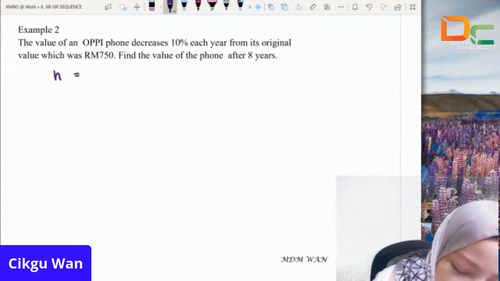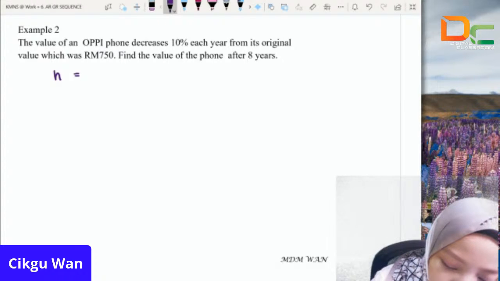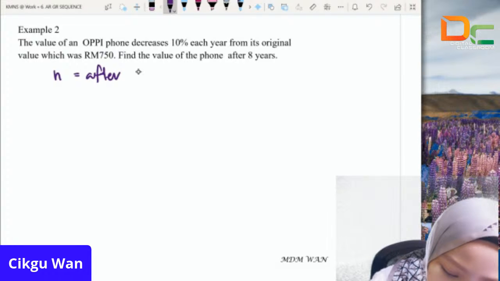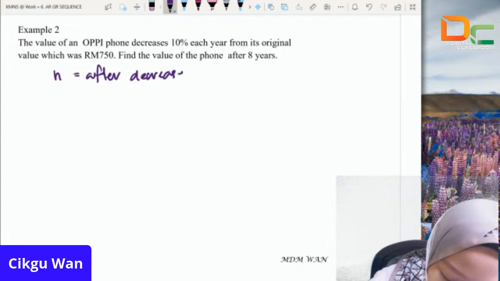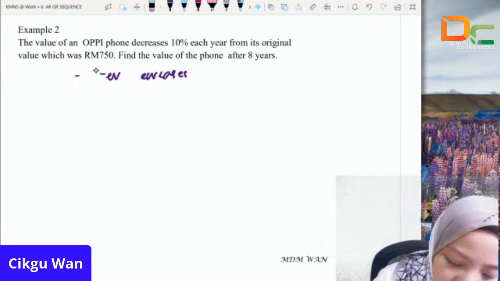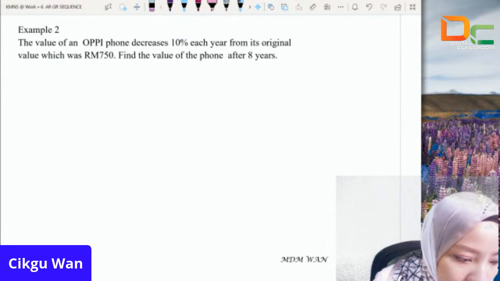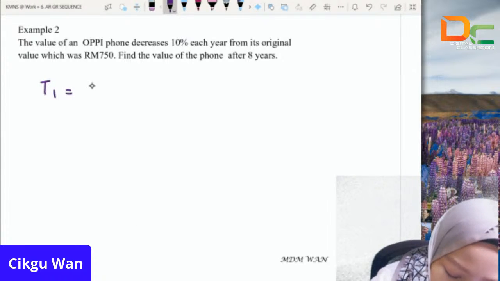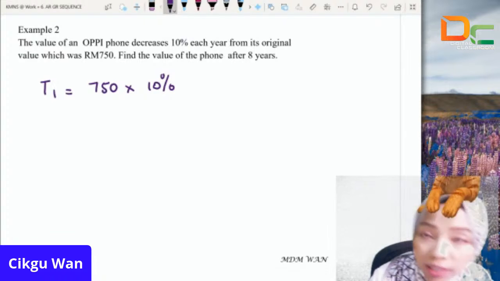So our N is after this decreases. Okay, so tak apa. Okay, so I tulis T1 so T1 will be harga asal 750 ringgit times with the 10%. 10% out of 750.